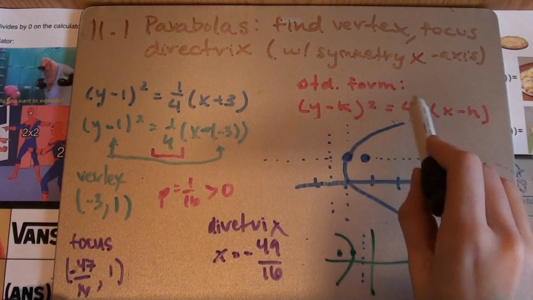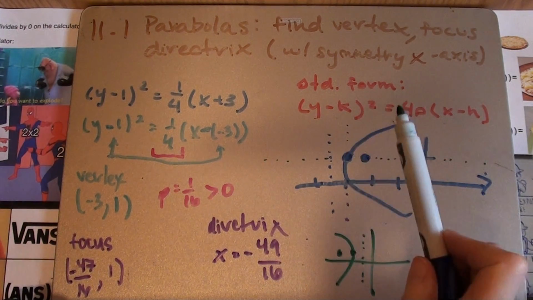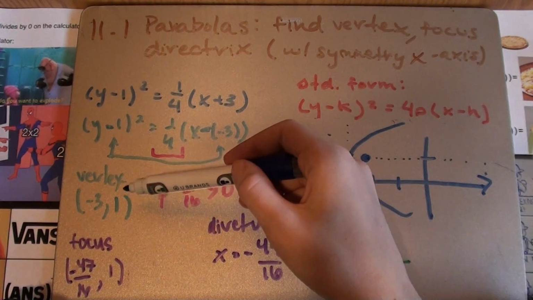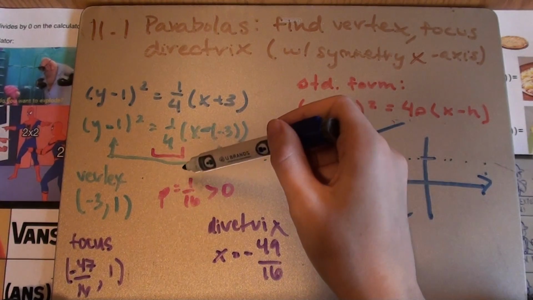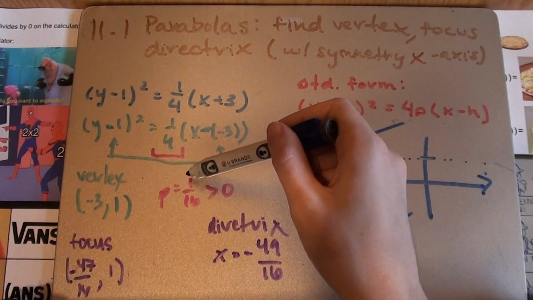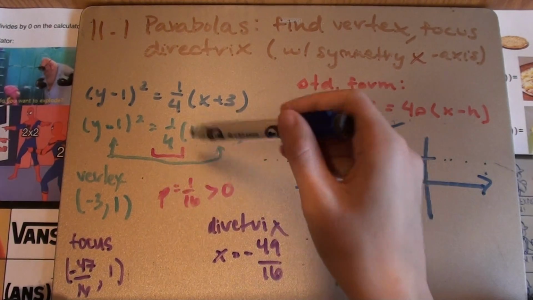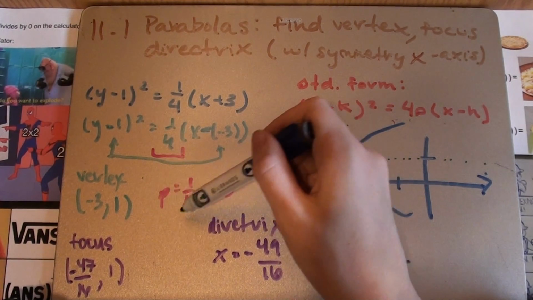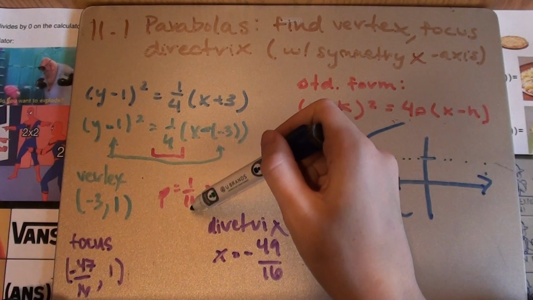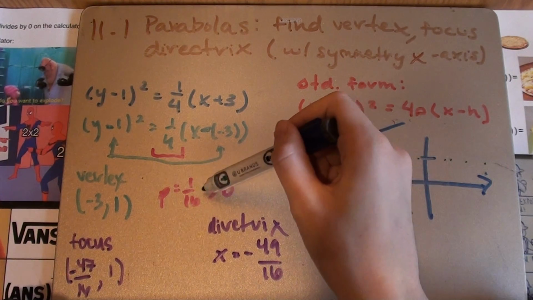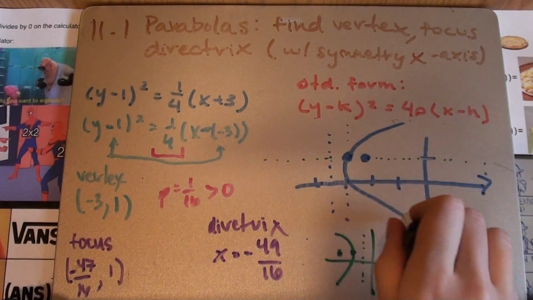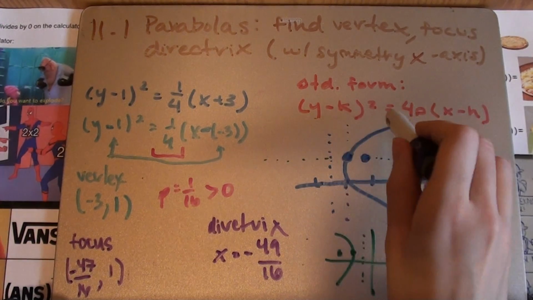So you have to keep in mind that we have to work in steps, right? Identify your vertex first. Identify your p-value. We knew p equals 1/16, right? Our 4p was equal to 1/4. Evaluating, we got p equals 1/16. Then we recognized that that's greater than 0, so we were able to identify which way our parabola opens.